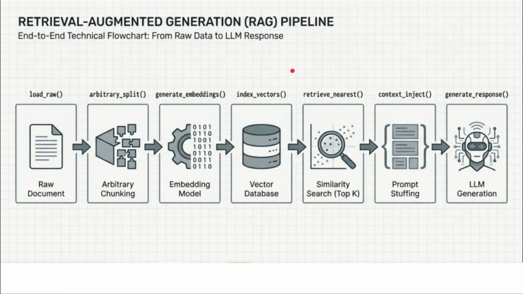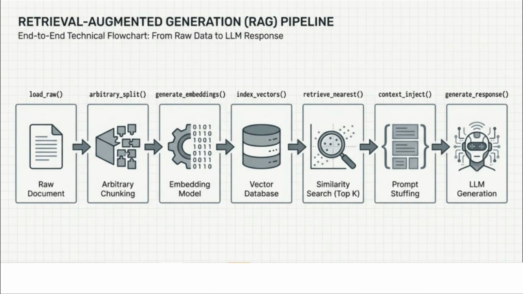Now, traditional RAG would say, okay, let me chunk this document, generate embeddings for every single chunk, store them in a vector database, do a similarity search, and retrieve the top k chunks. Now, stuff them into a prompt and then ask the LLM to answer it. Well, it works. But for a huge number of real world documents, you don't need any of that. And I'm going to prove it to you today.